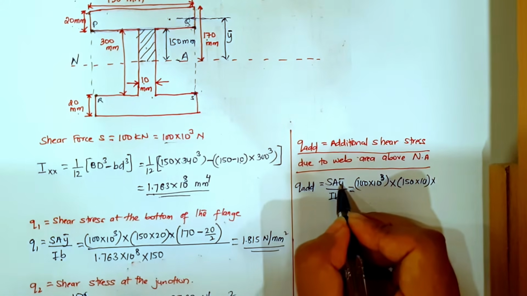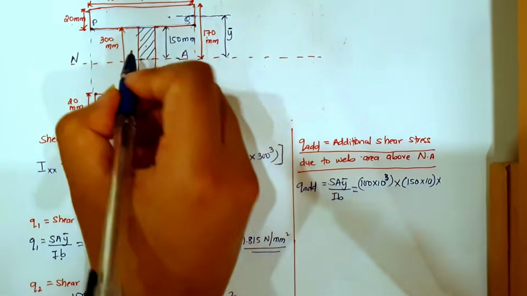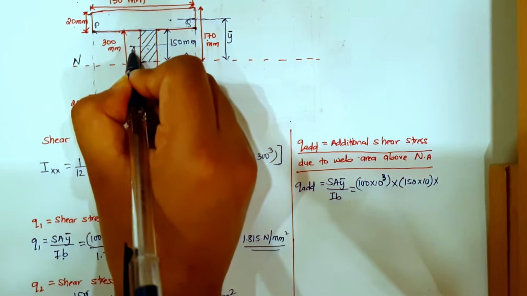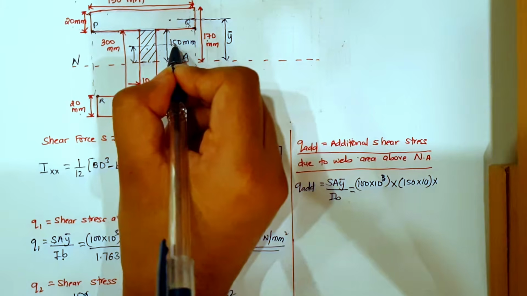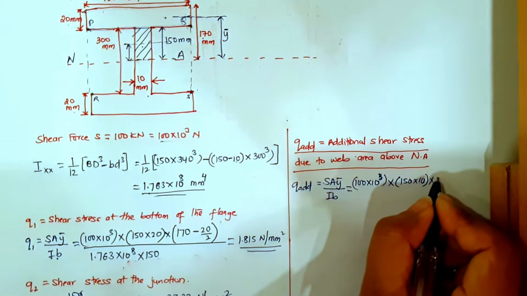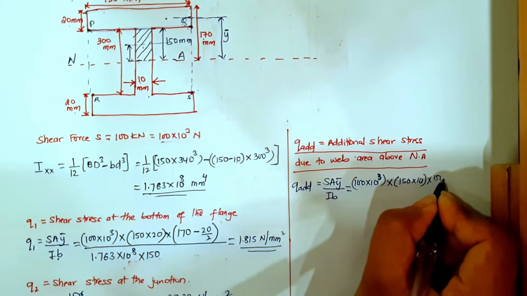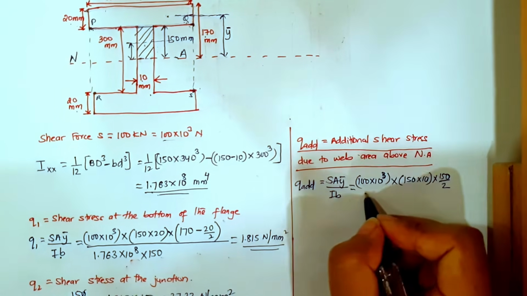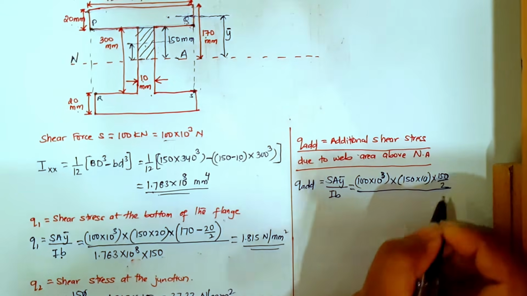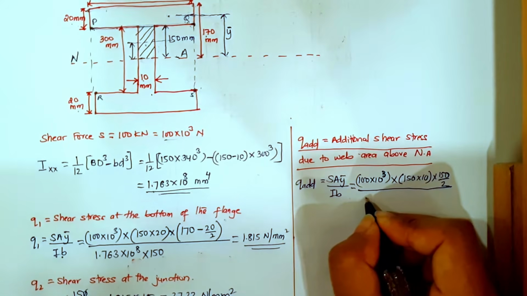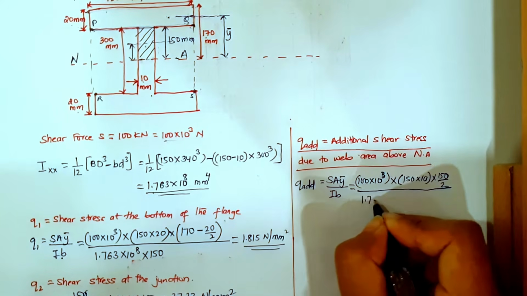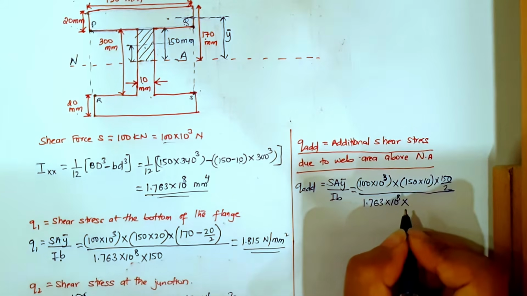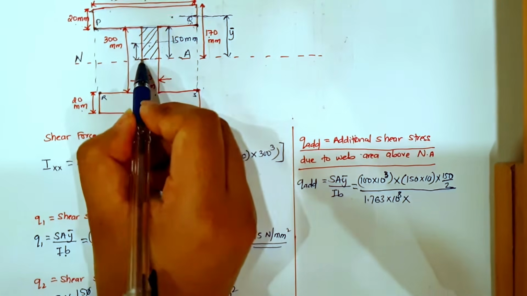into y bar. Now how will you find y bar? Take only half of this portion, so 150 divided by 2, divided by I, which is equal to 1.763 into 10 raised to power 8, into B. What is the width here?